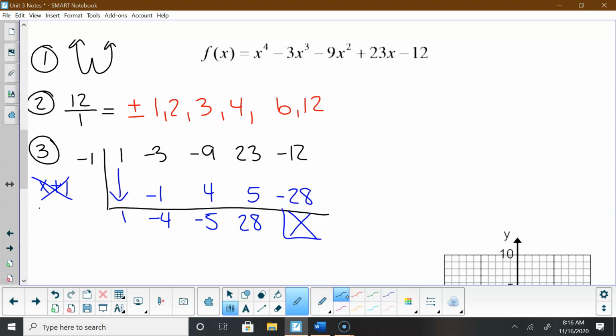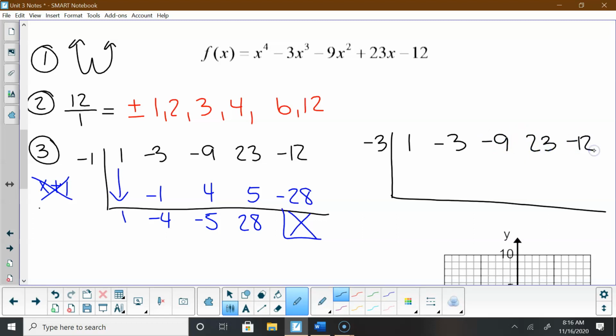And again, which one do you want to check this time? Negative 3? 1, negative 3, negative 9, 23, negative 12. We're going to divide it out.